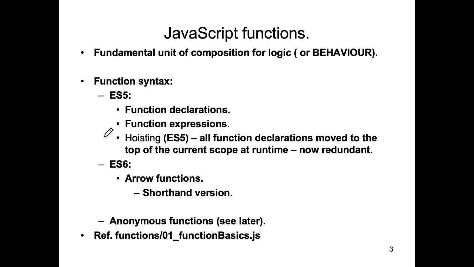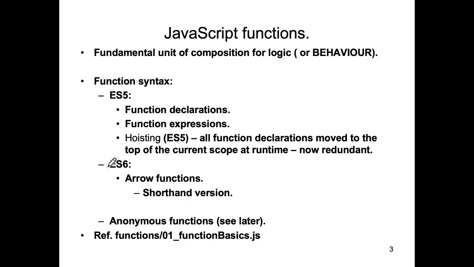And the reason you could do that is because of this feature called hoisting, which meant that at runtime, when your source code file was loaded into memory, all the function declarations within your source code were gathered together and hoisted to the top of the memory location. And so that meant that your invocations followed on from the declarations. It doesn't really apply any longer, but it was just an odd characteristic.